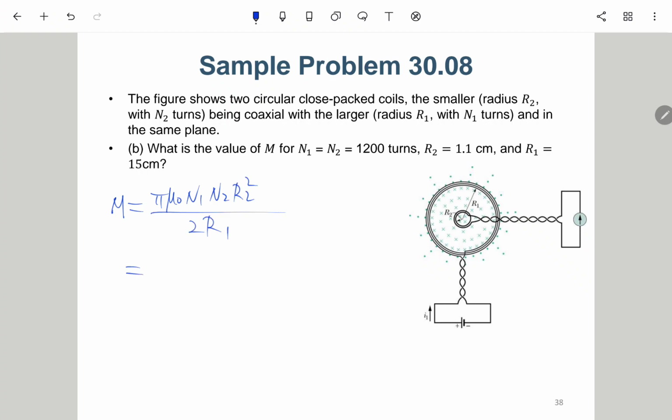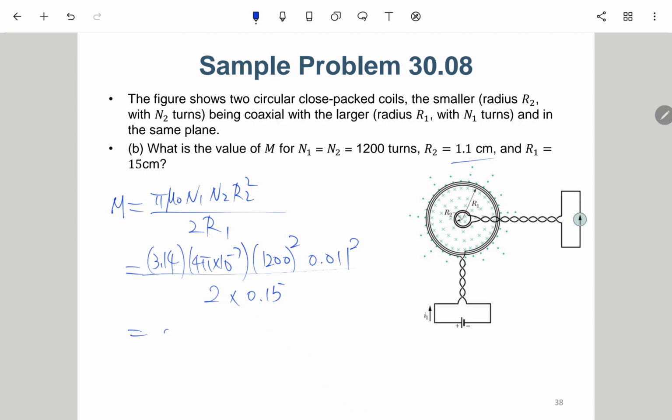Pi is 3.14, actually today is pi day, mu 0 is 4 pi times 10 to the negative 7, N1 and N2 are both 1,200, R2 is 0.011 squared, all over 2 times 0.15.